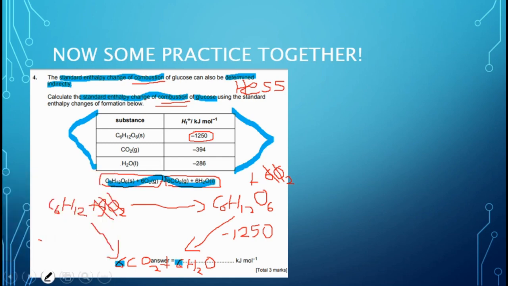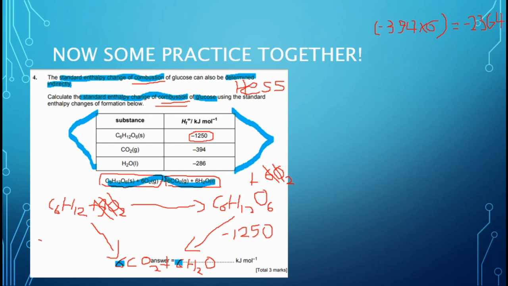So clearly right now you get your calculator and you go minus 394 times 6, which equals 2364. So minus 2364. Do not forget your minuses.